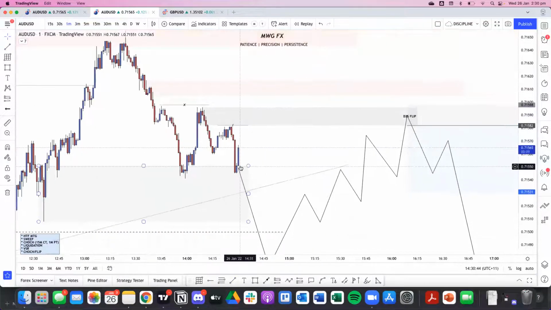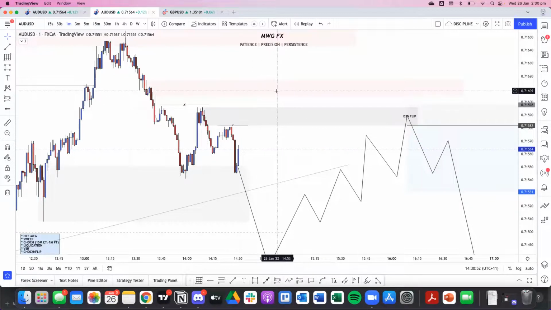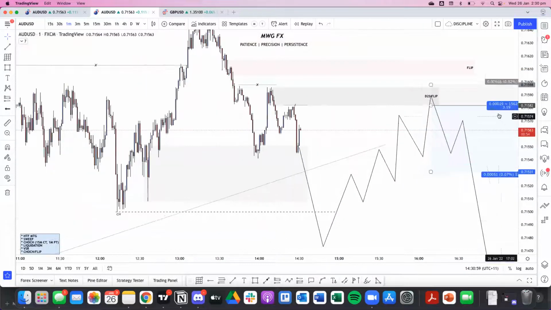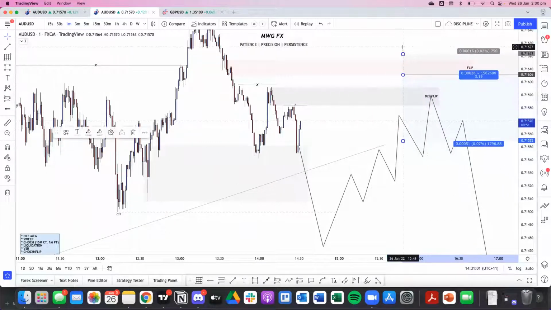Okay, as we can see, price might actually just tap into this demand to supply flip, break through, come into here, then create the chock, which would really make this a flip. So that is best case scenario. Okay, and then we could take a short off of here, 1.5 pip stop.